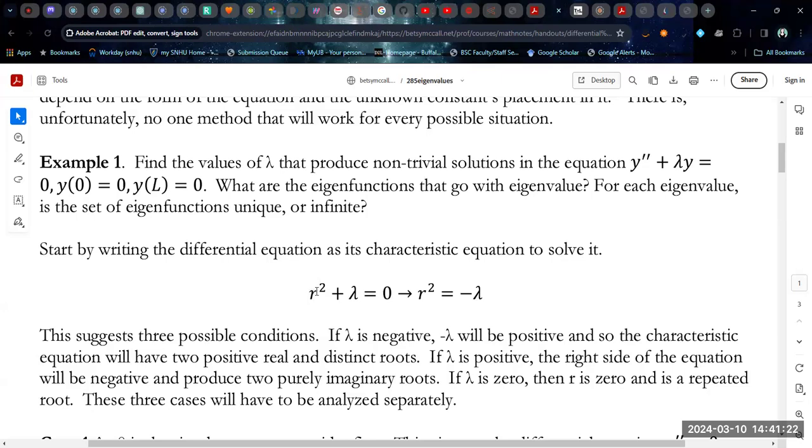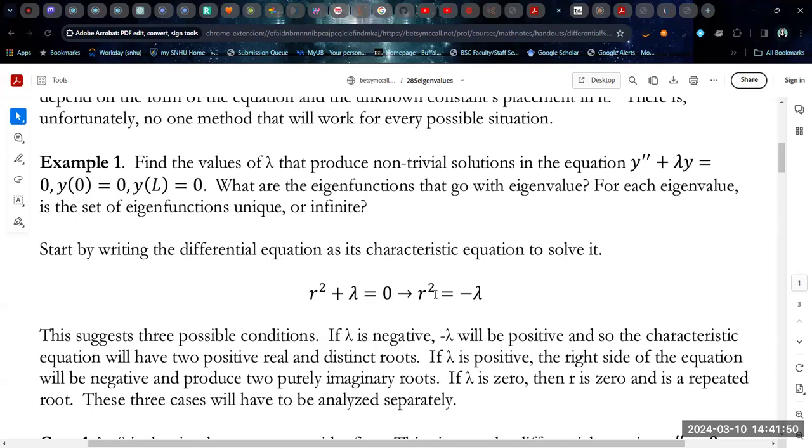When we solve for the characteristic equation, we take the derivatives and factor out the e to the rt. All of that algebra remains the same. So you can think of replacing y double prime with r squared, and y with just the constant, and you end up with this. The characteristic equation turns out to be r squared plus lambda.